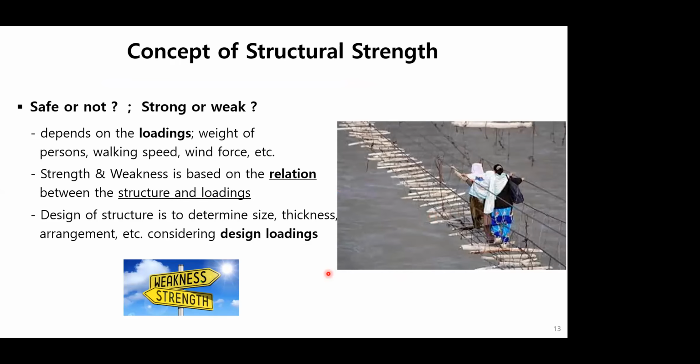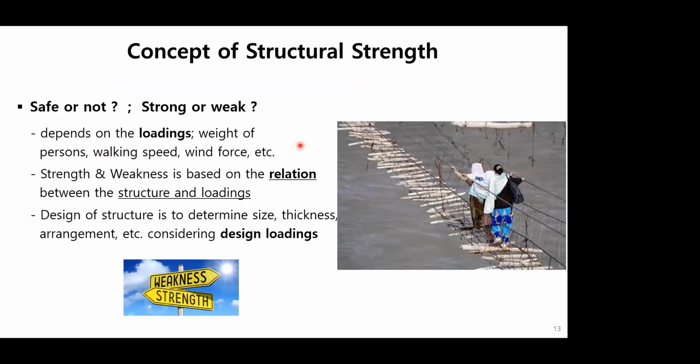In order to answer the question, in other words, in order to think about the safety and strength of the bridge, we first have to consider all of the loadings that can happen in the bridge's lifetime.